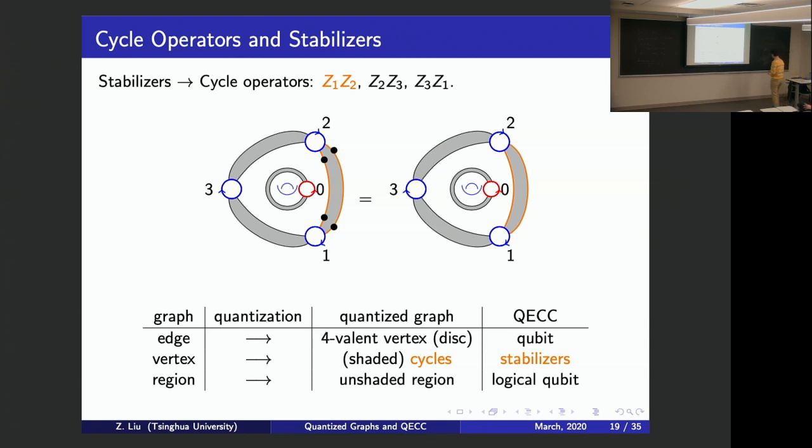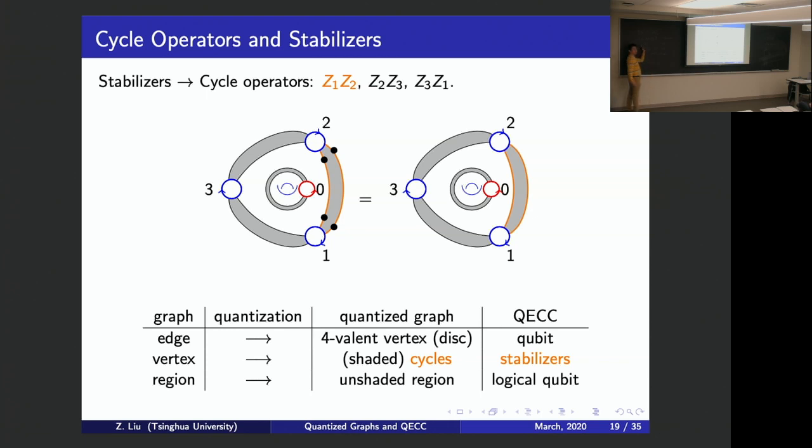So the key part is after we do this quantization, we not only capture the qubits but also the stabilizers. So what are the stabilizers? Now for the quantum case, we have this space given by 0,0,0 and 1,1,1. And usually we describe it by stabilizers Z1, Z2, corresponding to this relation.